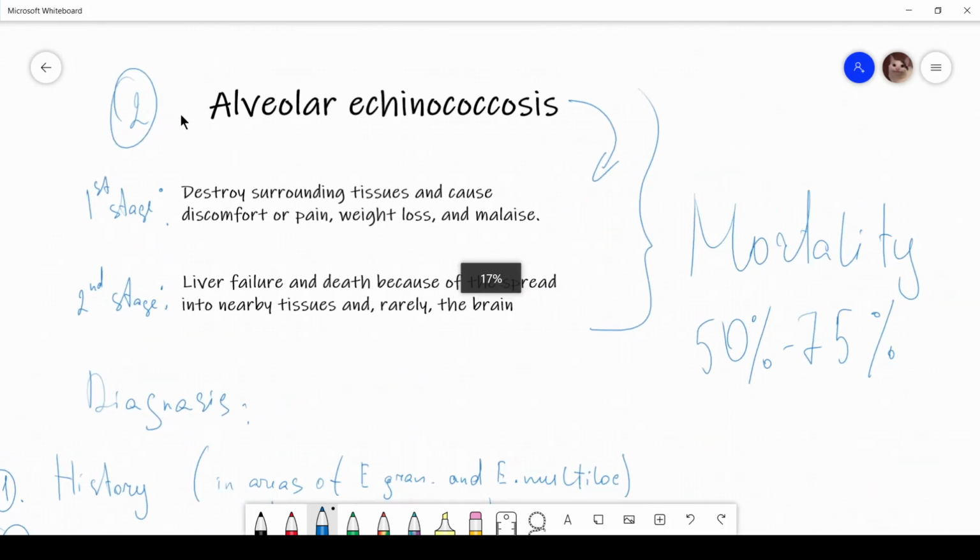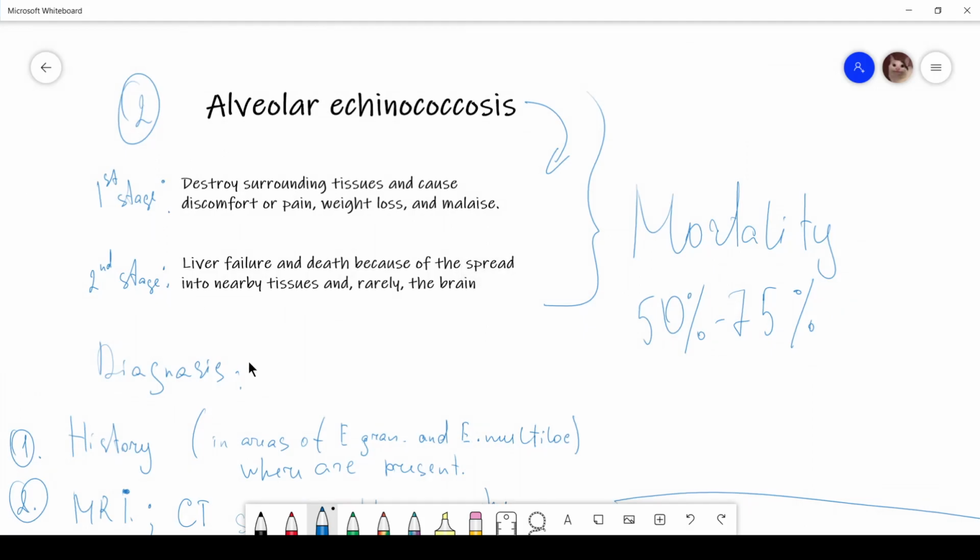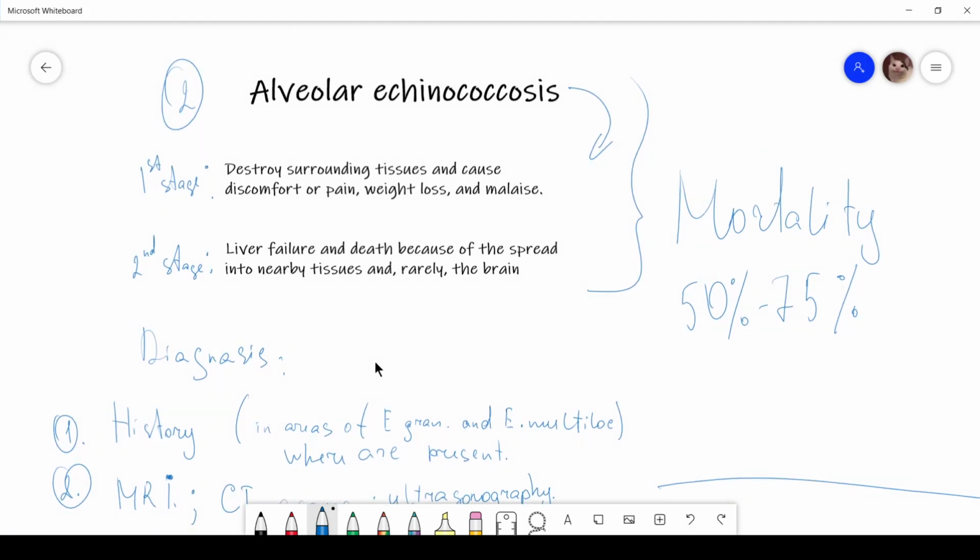This may be misdiagnosed as liver cancer.